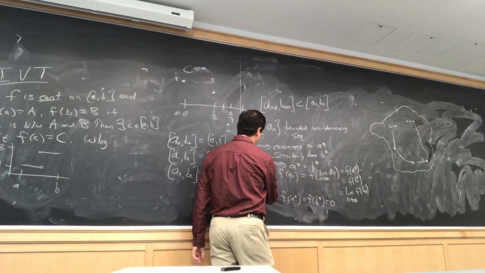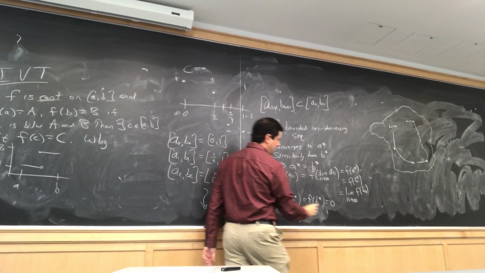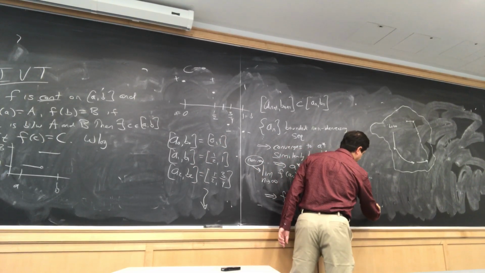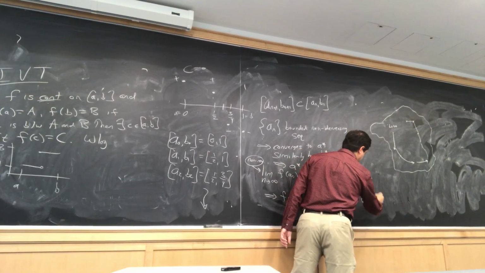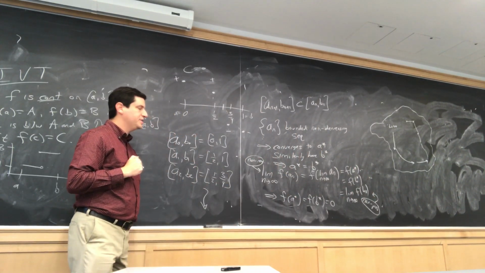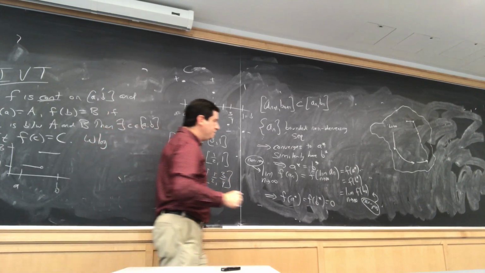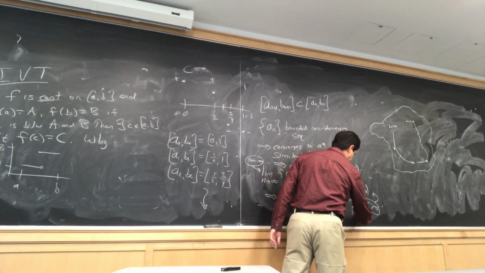Because these ones over here are non-negative, and these ones here are non-positive. And so the only solution by continuity is they have to be the same. Okay, so this proves the intermediate value theorem.